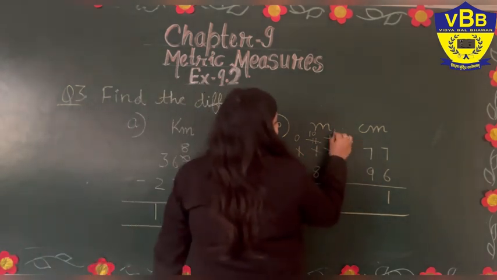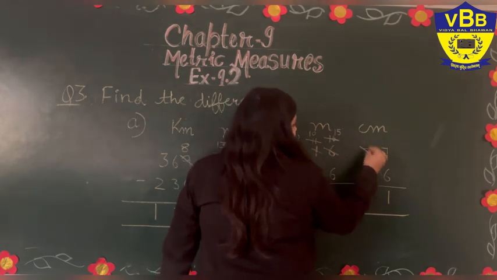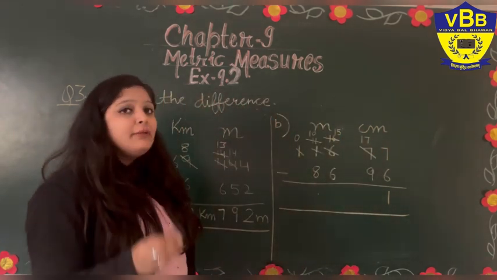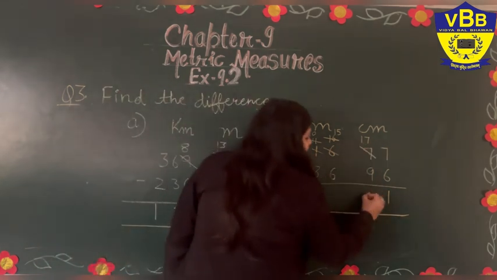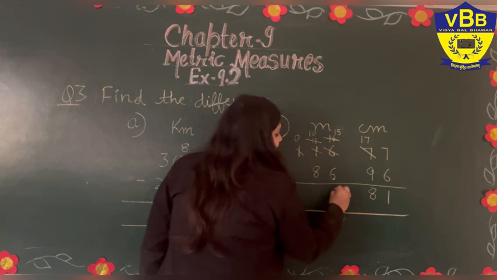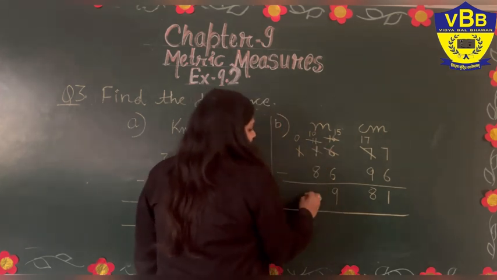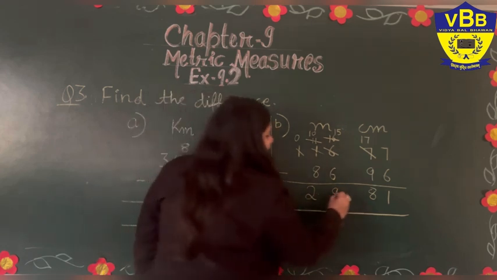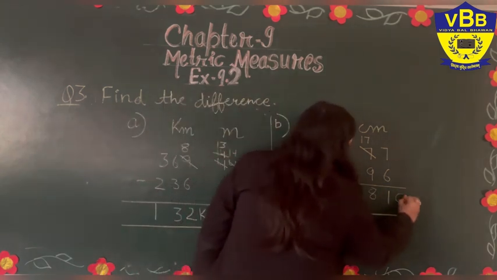So here 15 will be left. And here we will be having 17. So 17 minus 9 will be 8. 15 minus 6 will be 9. 10 minus 8 will be 2. So the answer will be 29 meter 81 centimeter.